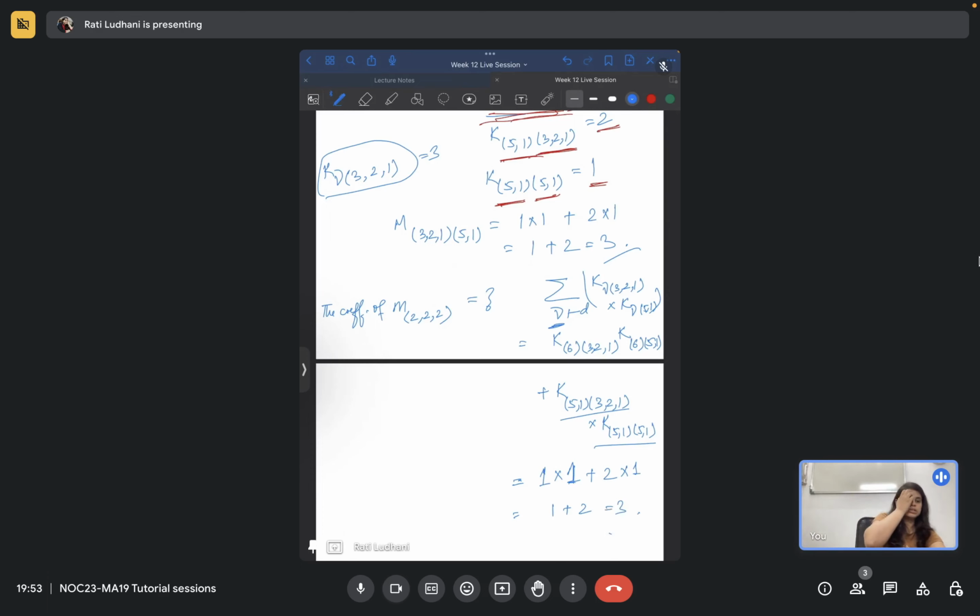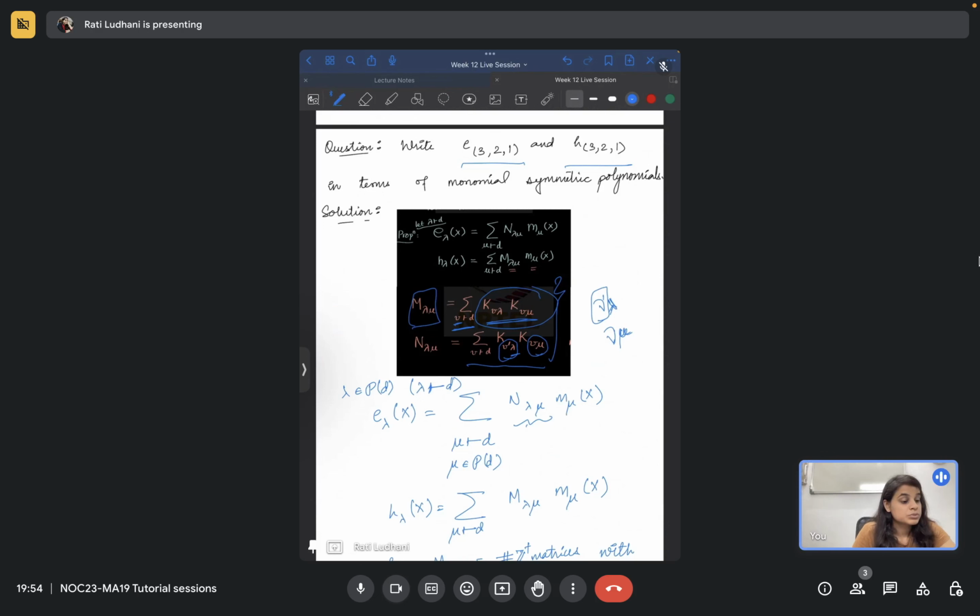We got these formulas using RSK only. One is by RSK, the other one is by the dual of RSK. Here you can see you got nu dash, lambda. So what is nu dash?